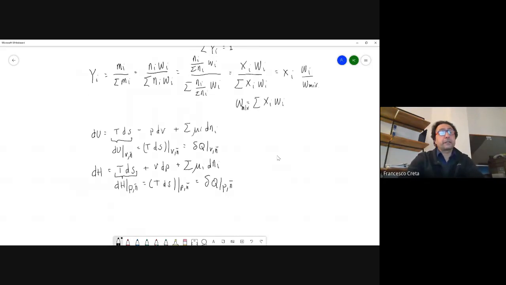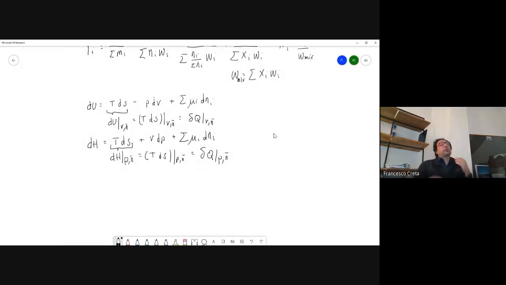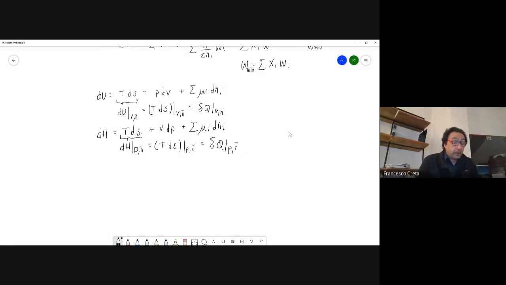So the question is essentially, how much heat do I have to give the system in order to, for example, increase the temperature by 1 Kelvin? And this is a quantity that is measured through the specific heats.